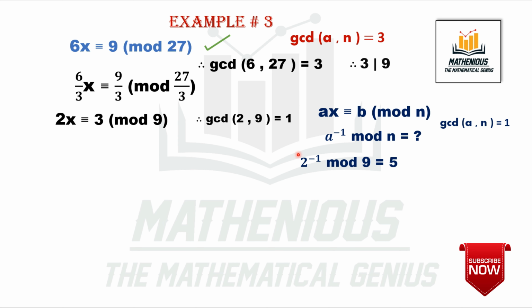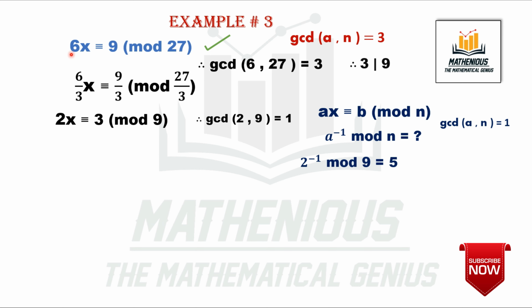How we evaluate that, I am again saying you will find the link in the description, inverse modulo episode number 5. Now we are going to do the same method: multiply 5 on both sides of this congruence.